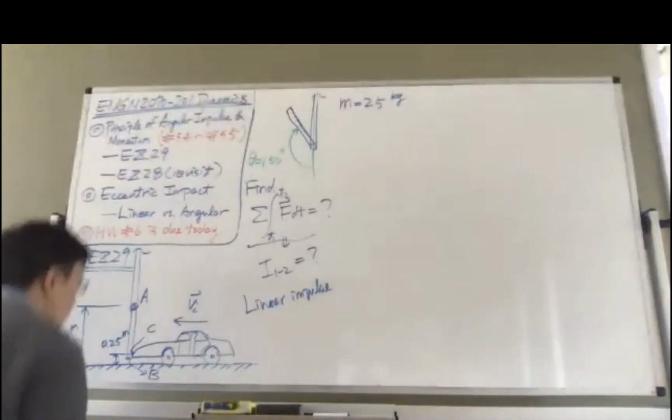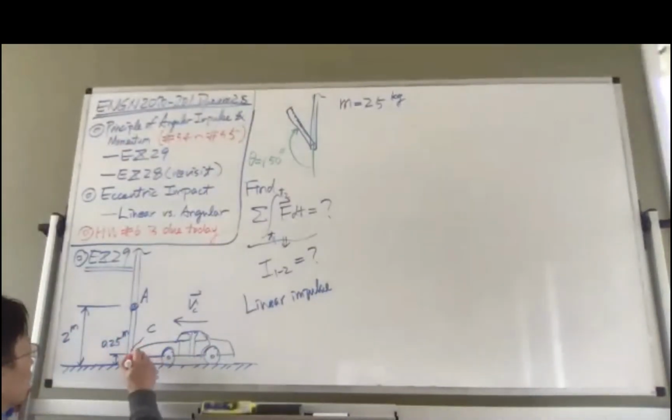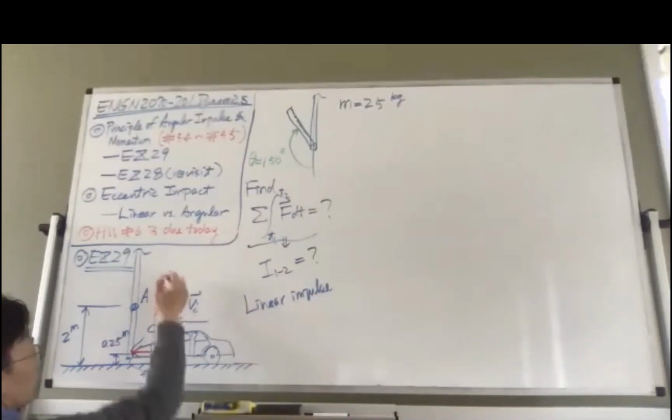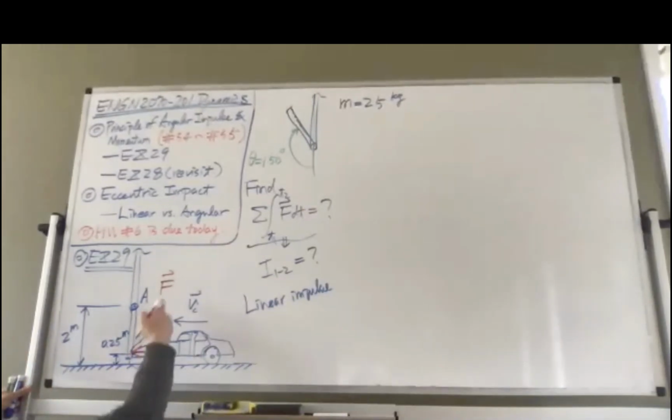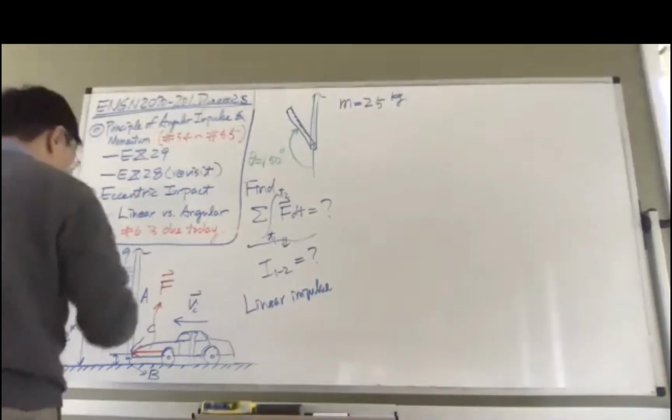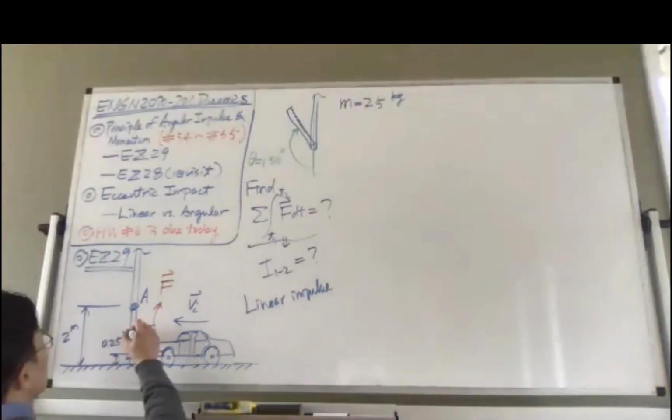The force is provided by this point. So this is impact force. So when we want to calculate the linear impulse, it is actually the force provided by the vehicle at the point of contact. And the center of gravity of this garage door is at the center of geometry, which is somewhere here.